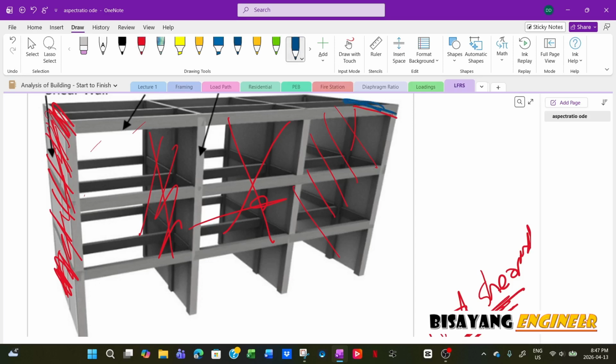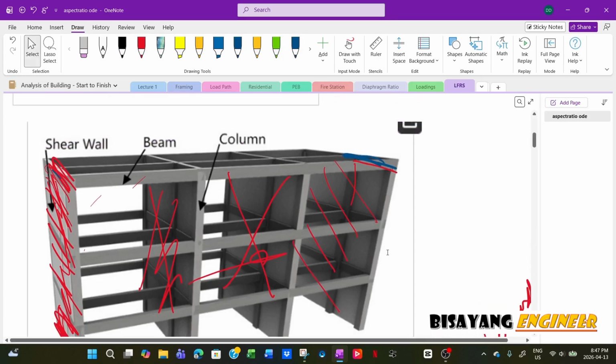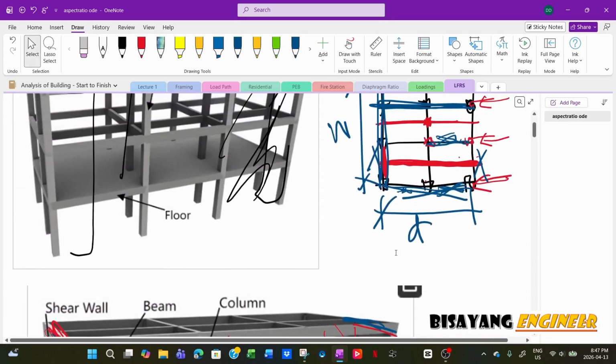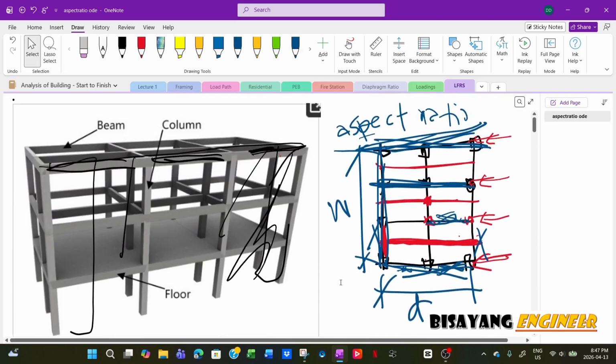So it depends on whatever works in your system, in your structure.